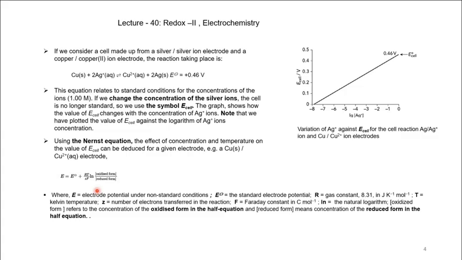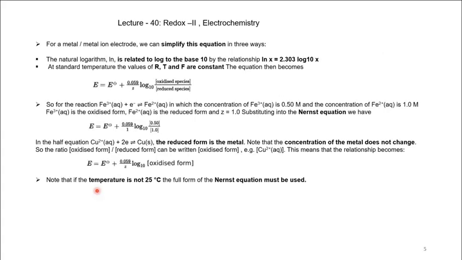Okay, the next slide says that we can simplify this Nernst equation. How? If we relate the natural logarithm to the log base 10, we get the relationship ln x is equal to 2.303 log base 10 of x.